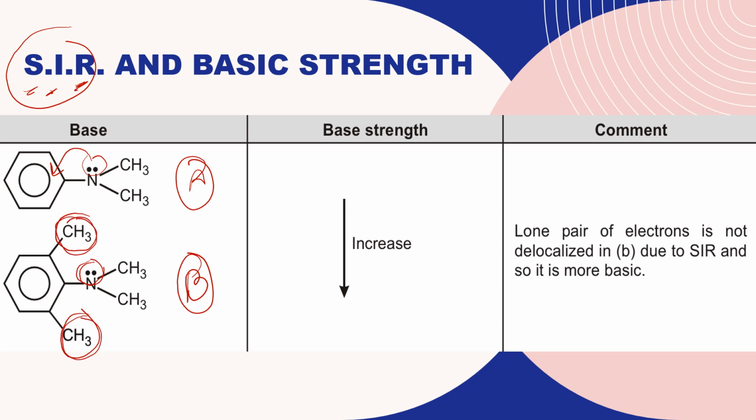That's why the plane of this nitrogen atom will change, and this lone pair cannot participate in conjugation. So in compound B, the nitrogen lone pair can be easily donated. So compound B is more basic due to steric inhibition of resonance.